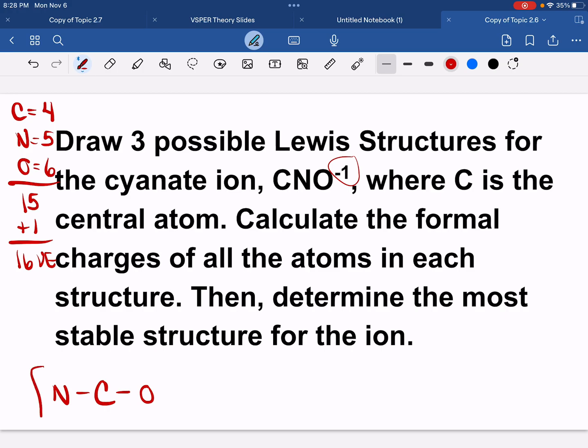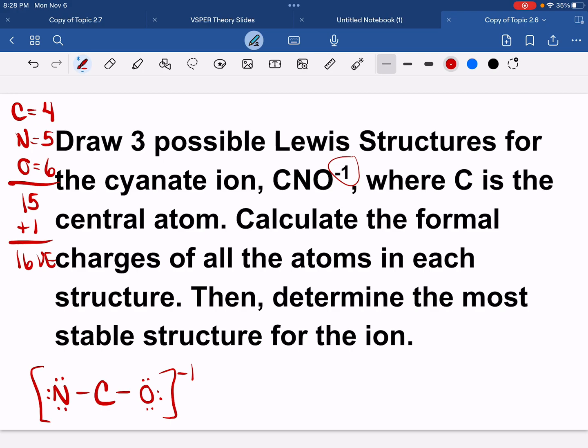Okay, so let's see what we can work with. And again, I'm just going to pop in my brackets in my chart just so I don't forget it. So 16, I've used 2 to make a bond. So I'm going to go with 2, 4, 6, 8, 10, 12, 14, 16.